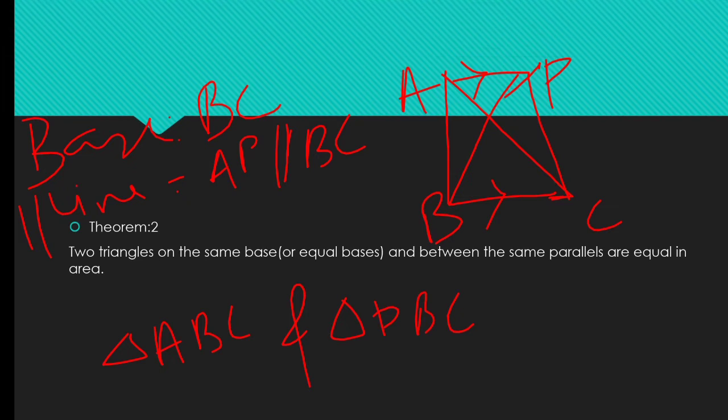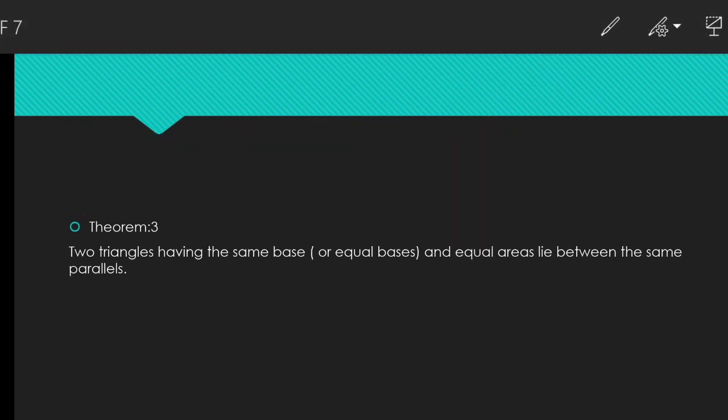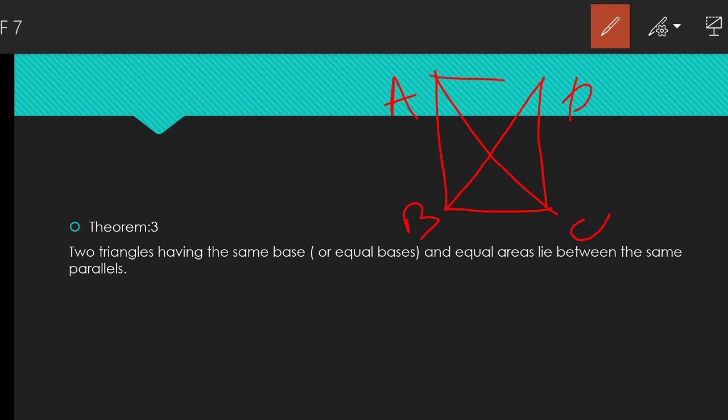same base. The third theorem, and the last theorem of this exercise or this chapter, is: two triangles having the same base and equal area lie between the same parallel lines. So again we are going to draw a triangle. This is ABC and suppose PBC.